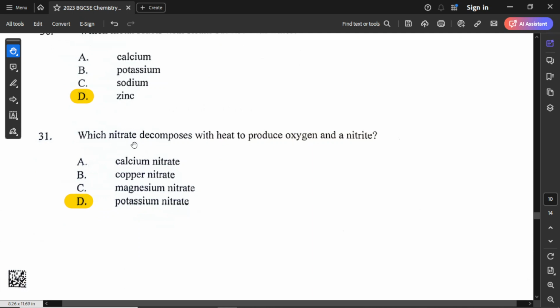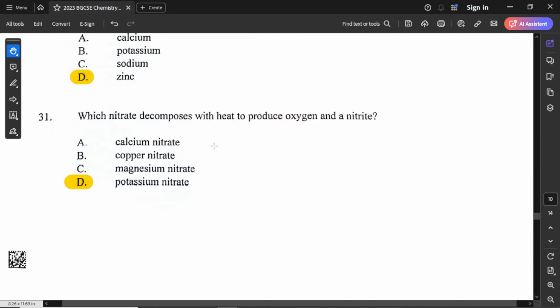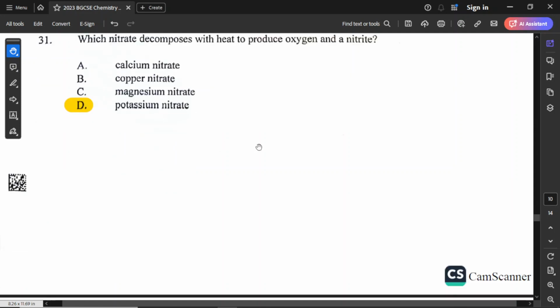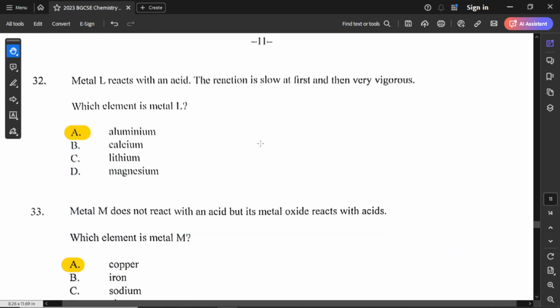31. Which nitrate decomposes with heat to produce oxygen and nitrite? This is potassium nitrate. If you think about fertilizers and so on, potassium nitrate is a good source of fertilizer. Now, 32. Metal L reacts with an acid.